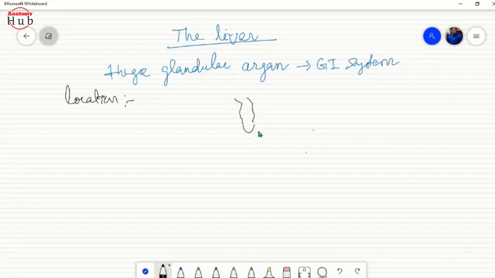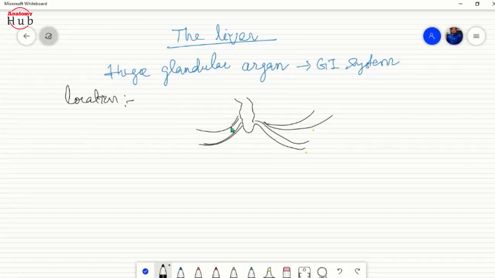Then there is the presence of your costal cartilage. From this side you will find 12 costal cartilages, and this side you will find 12 costal cartilages, right? And at this point, this is the epigastric region.